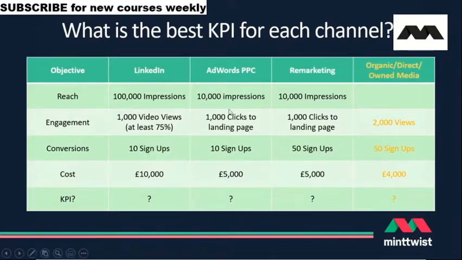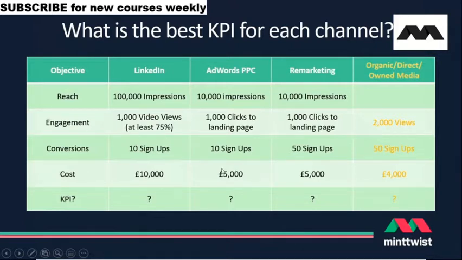Most of the advertising platforms will give you the number of views to at least 75%. It means those viewers that watched three quarters of the video. In this case, 1,000 people did that. So we might have a KPI of cost per view, and that would be, in this case, 10,000 divided by 1,000. It's £10 for a cost per view in this particular case.